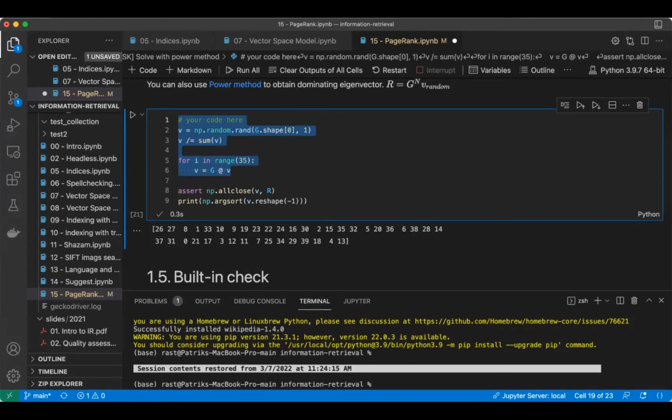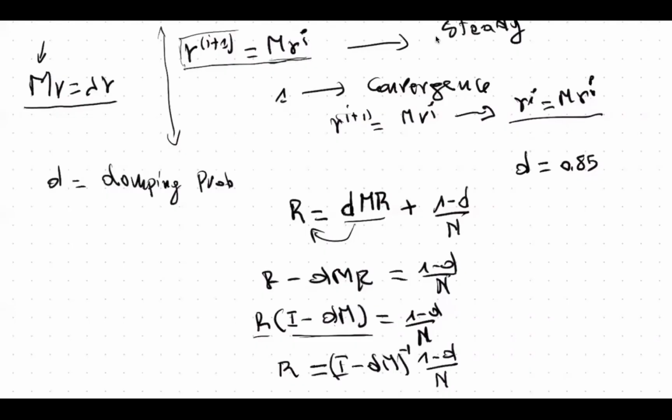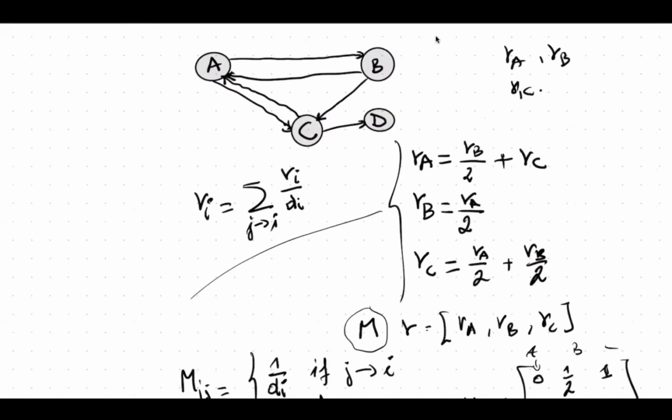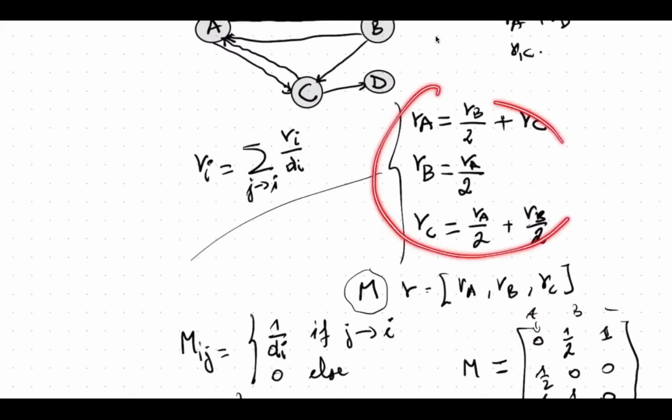So let me come back here. Remember, you have this graph, and for each edge you have a probability, the probability of moving from page to page. You have this probability, this probability, this probability, this probability. And we said that we can compute them like this, and it gives us this system of equations where we are looking for rA, rB, and rC, which all depend on other variables.